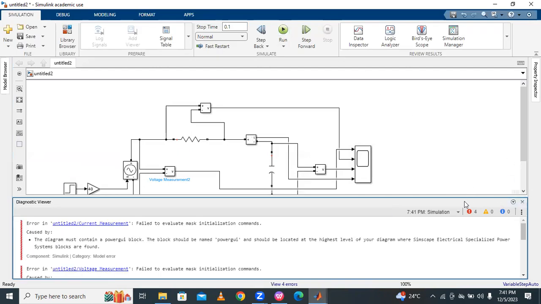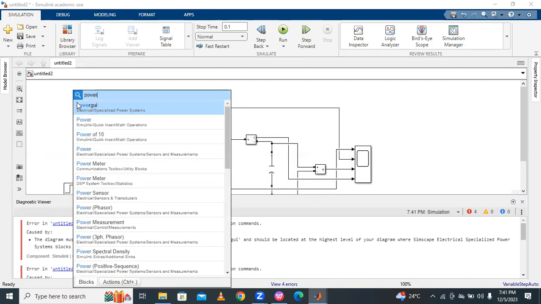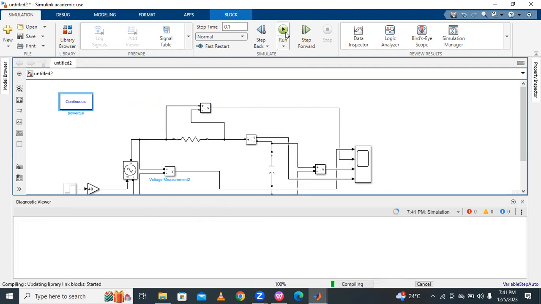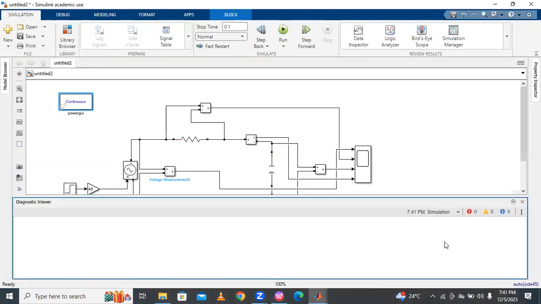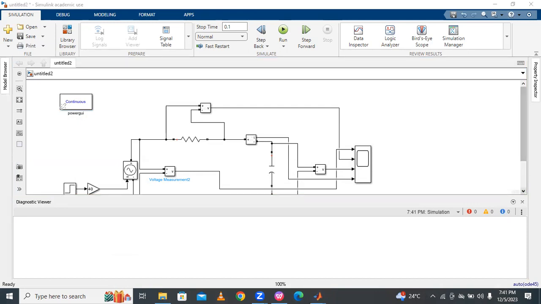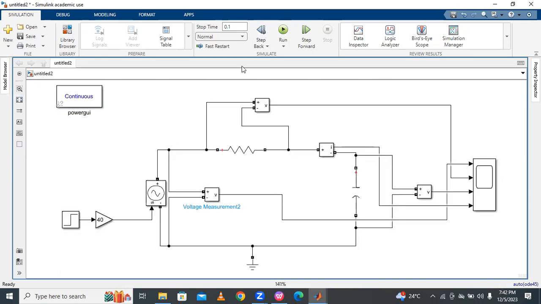Then take one power gui, place it here, and simulate again. Like this we will get the response. This is our circuit simulation.